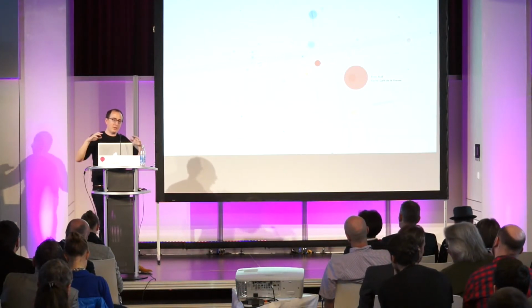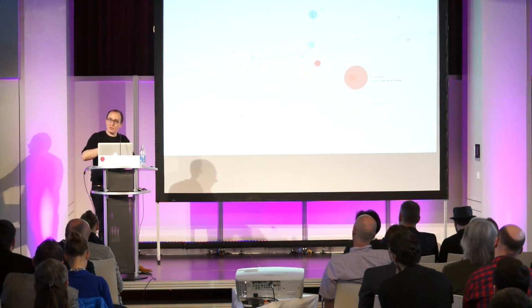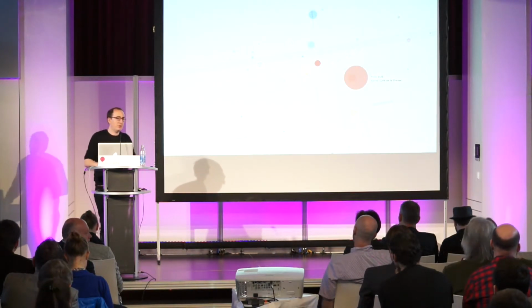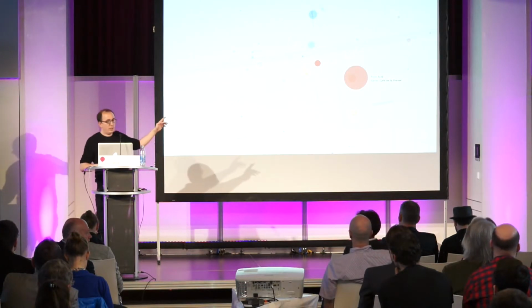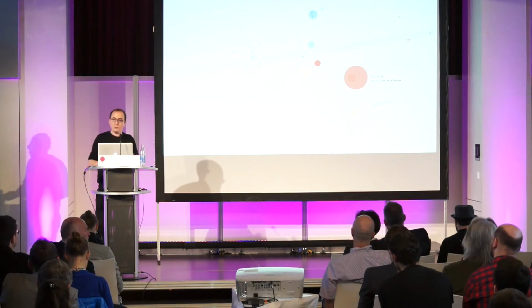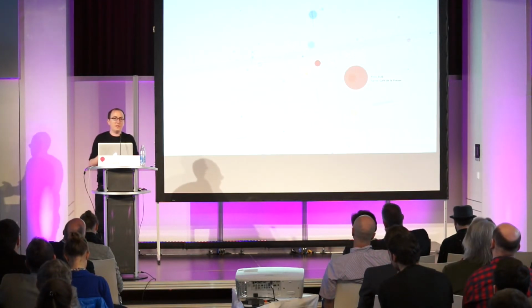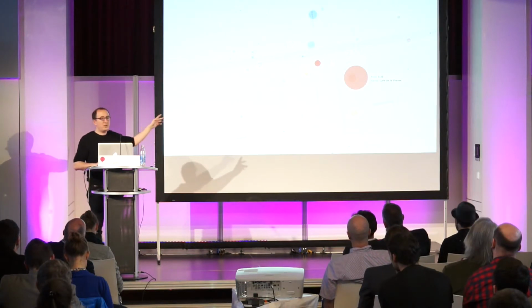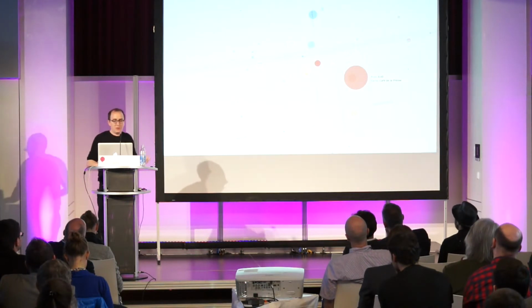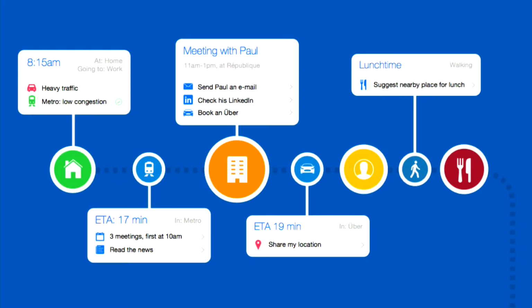And by mixing all the contextual features and everything we're learning about you, we're getting pretty good results on guessing where you were. For example, here, our model says that the guy was at Café La Prêche, which was actually true. And you see that this was actually not the obvious answer, because it's by far not the closest place to the estimation of the location we had, which is the red dot in the middle here.